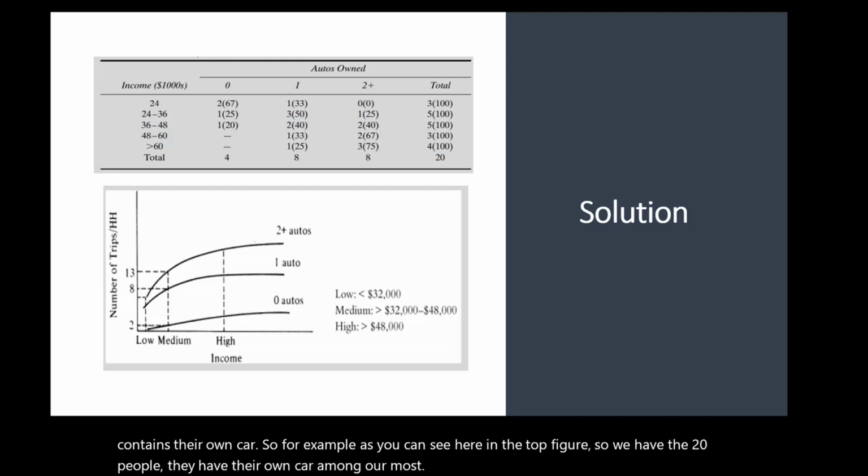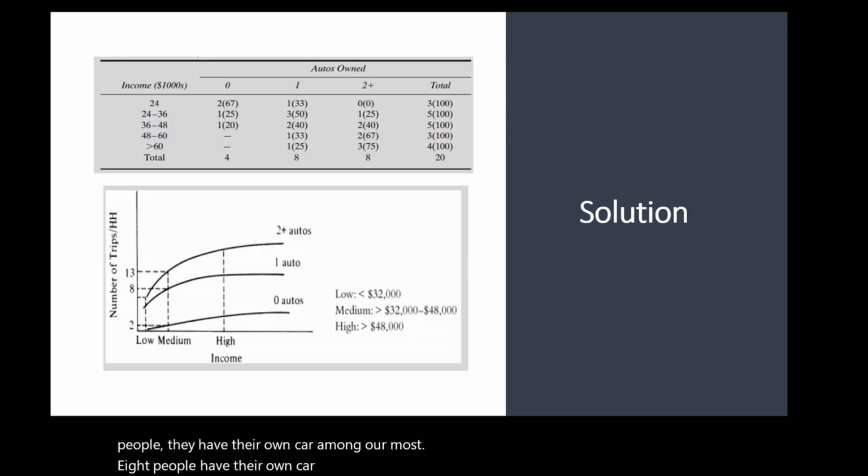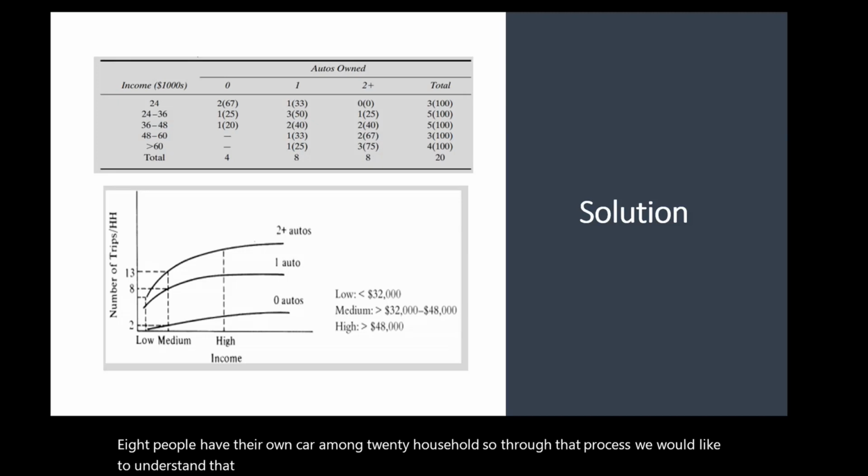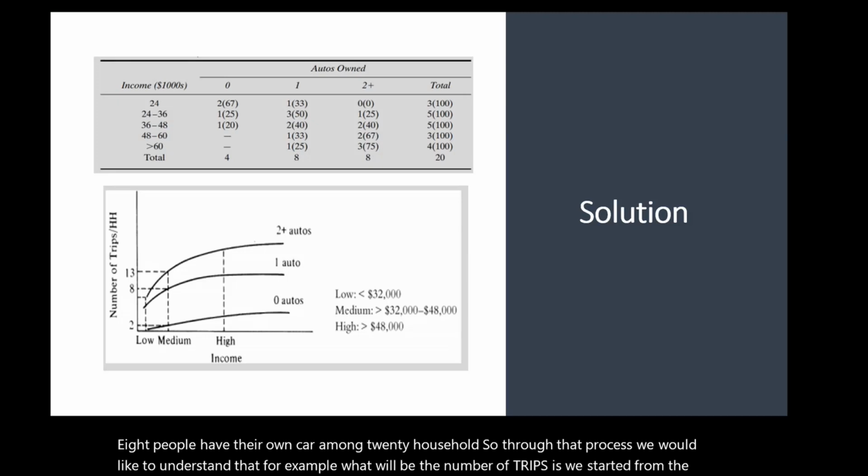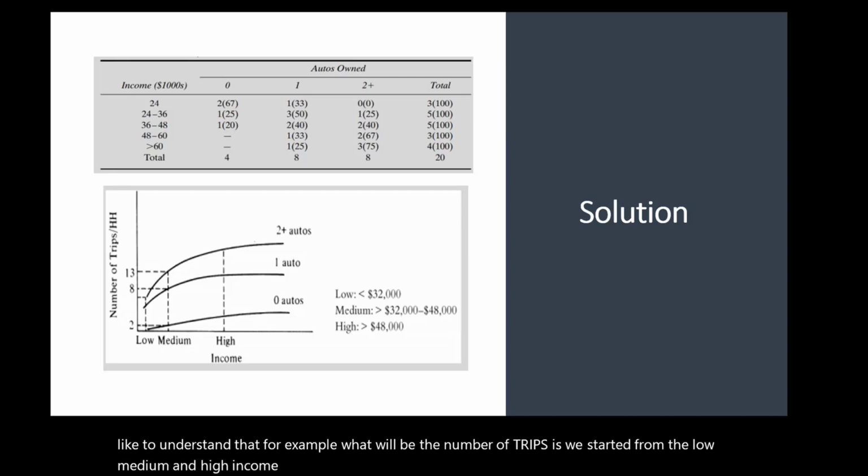Through that process, we would like to understand, for example, what the number of trips will be as we go from low, medium, to high income. So if the income is high, they will have more autos, and they will again generate more trips. Okay.